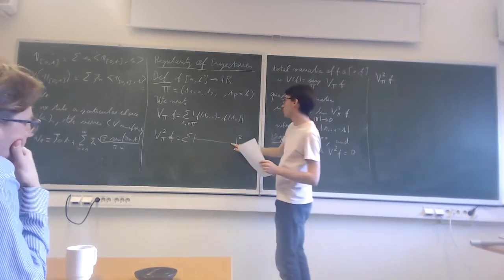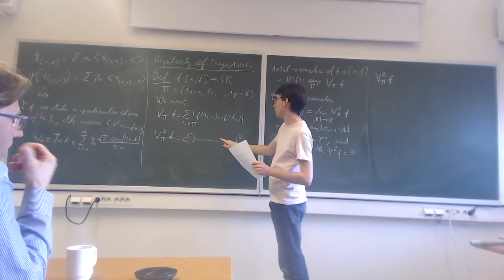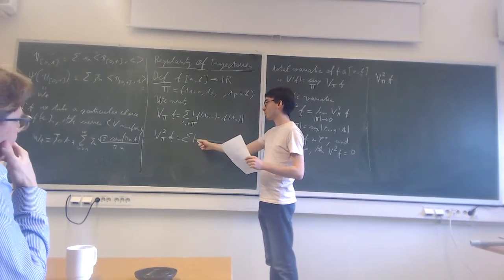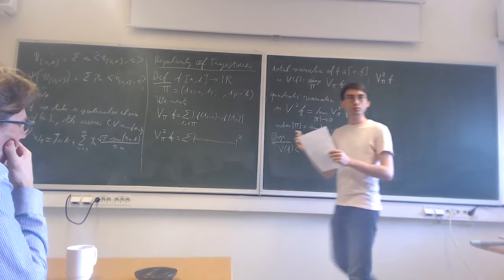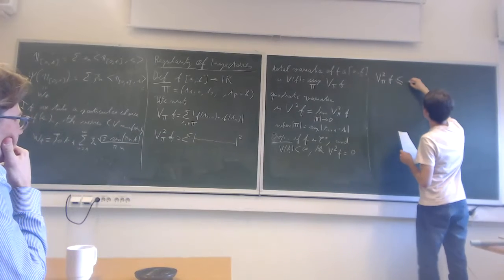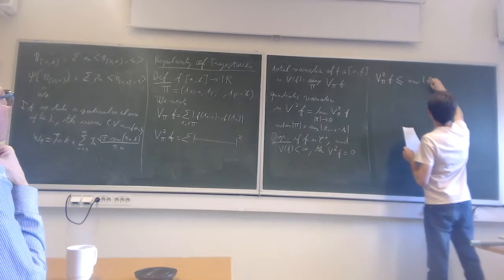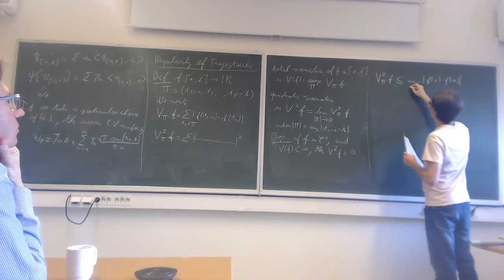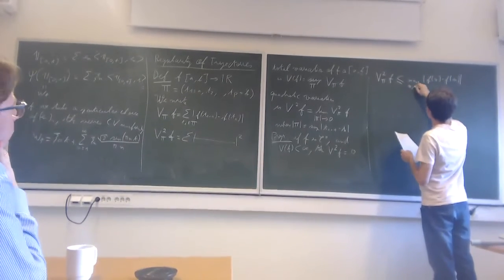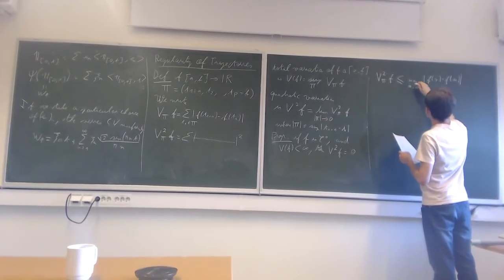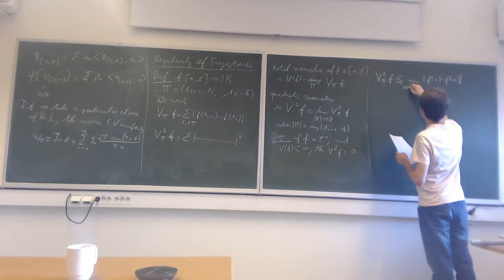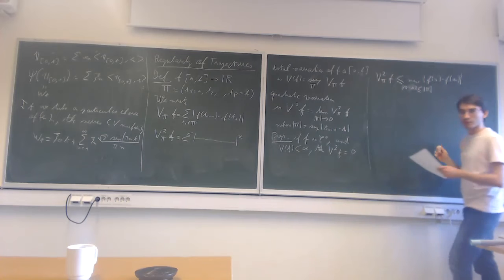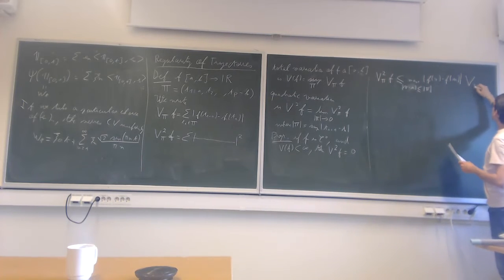Here we can just bound one of the two absolute values by the maximum of f of v minus f of u, for u, v with v minus u less than the size of pi, multiplied by the variation.